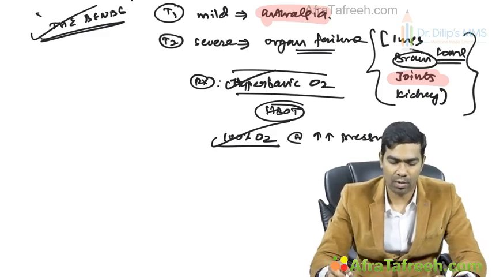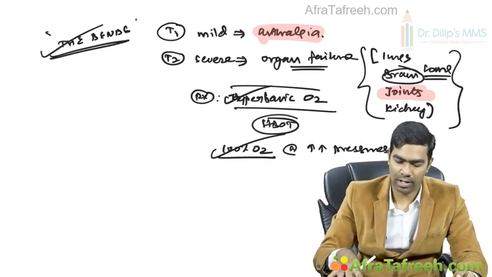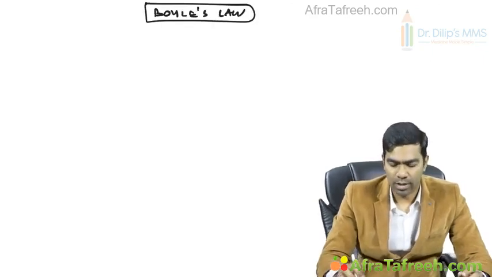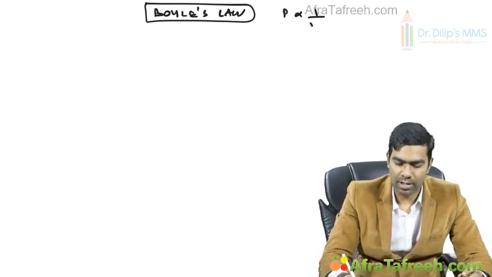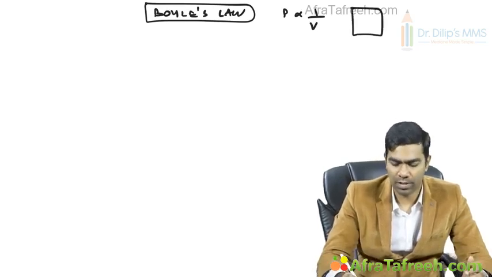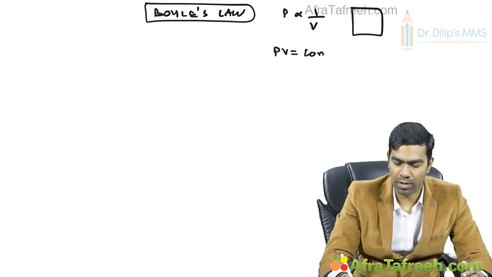Apart from Henry's law, you have other laws also, like for example, you have something called Boyle's law. You know what Boyle's law is? Boyle's law means pressure is inversely proportional to volume in a closed compartment, or you can say PV must be equal to constant.